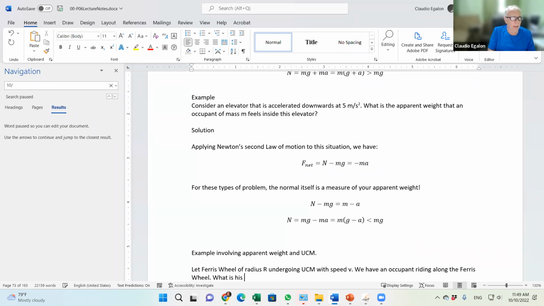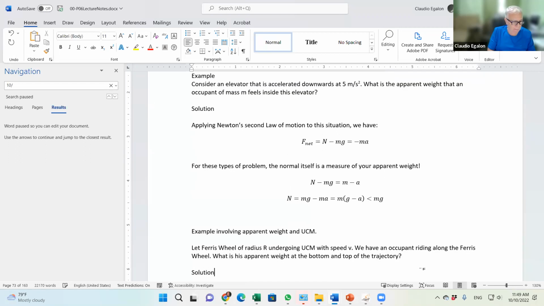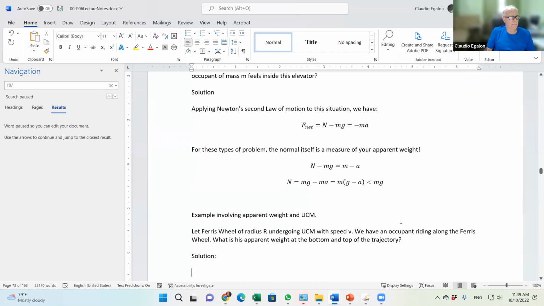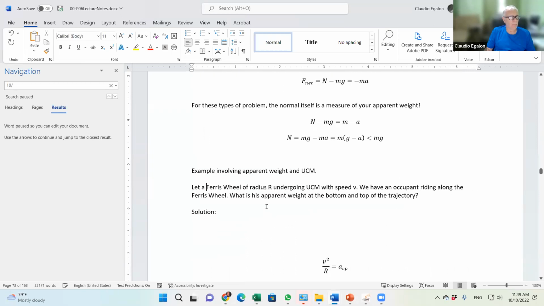What is his apparent weight at the bottom and top of the trajectory? Here's her apparent weight. So think about how the problem is.